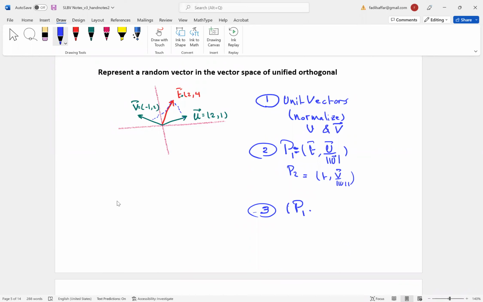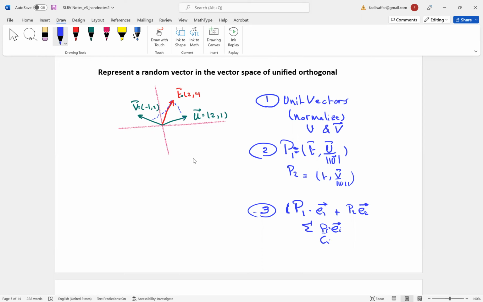Once we have the projections, we need to multiply projection 1 with E1, plus projection 2 with E2, which is basically v, or we can write it as the summation of PIs times EIs. We can write it as CIs here, and we'll come to that why. So let's do these steps.